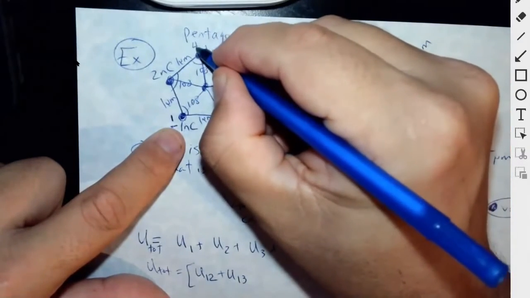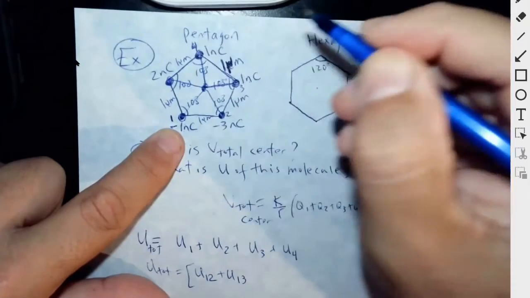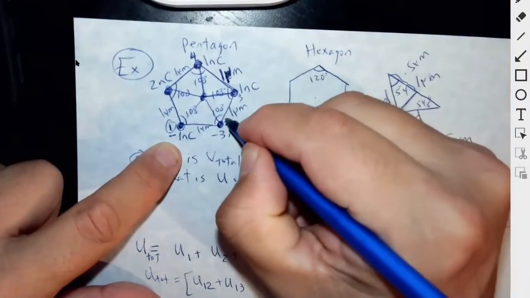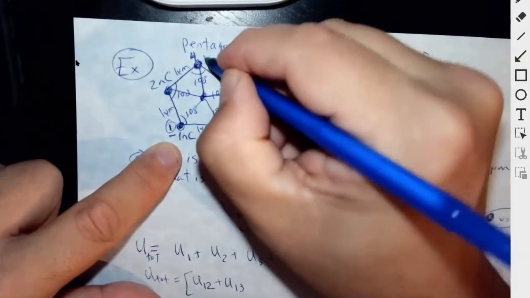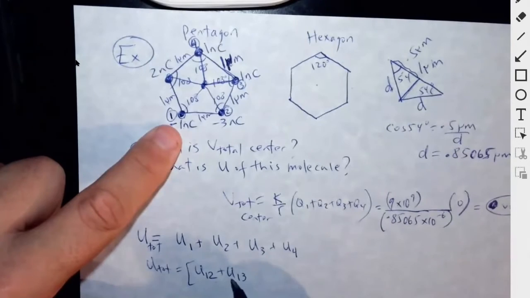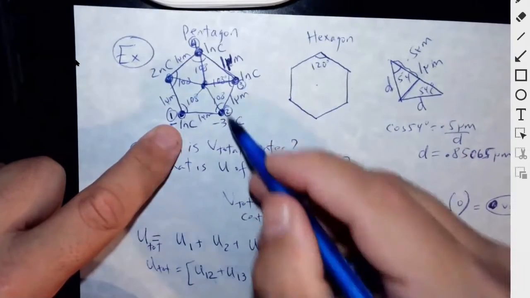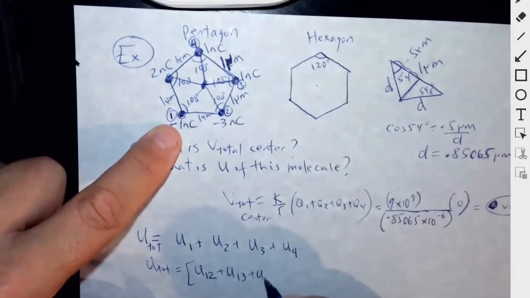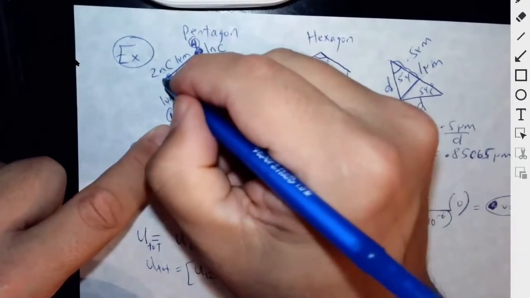I labeled this 4. I thought I labeled it. I guess I forgot. So this is my labeling: 1, 2, 3, 4. So number 1 has potential energy with 2, with 3, with 4, and with 5.